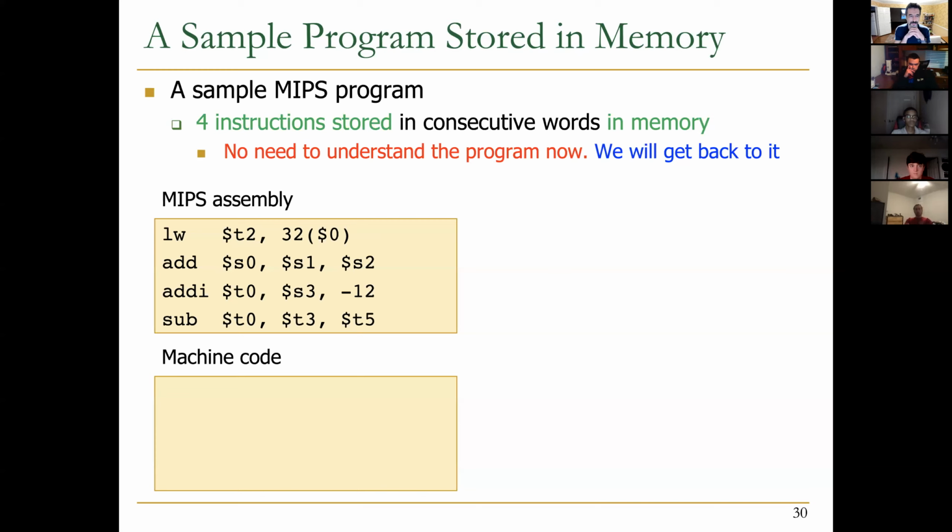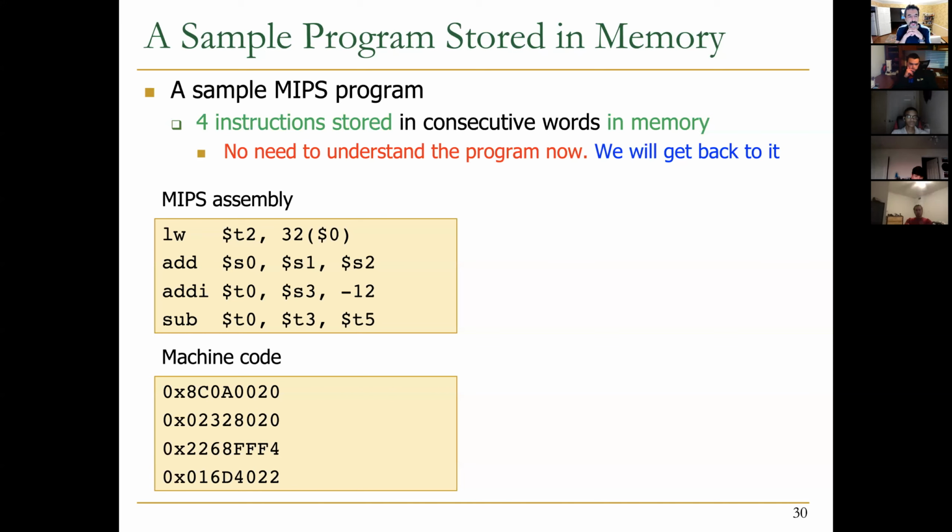A high-level language has been constructed for us programmers, because machine code is like this, and it's very difficult to write code like this. But essentially, this code will be translated into machine code, and this is how it is represented.